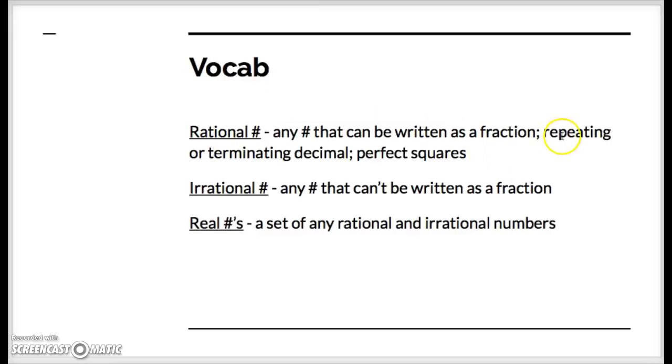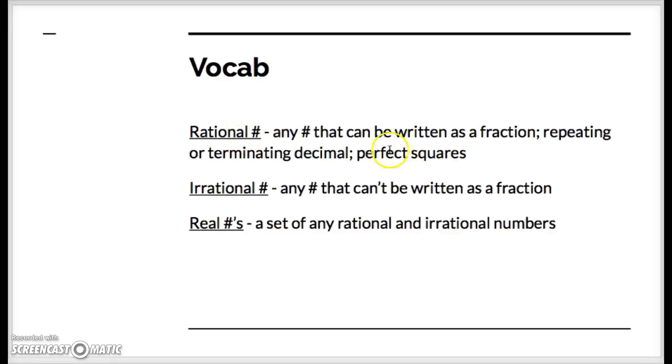If it's a decimal, that decimal would have to be repeating, like 0.3 repeating, or it would have to be terminating, which means it stops. So 0.72, and it stops there. Those, if it's repeating or if it stops, would be considered rational numbers.